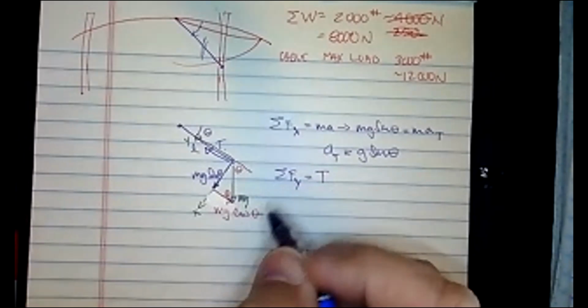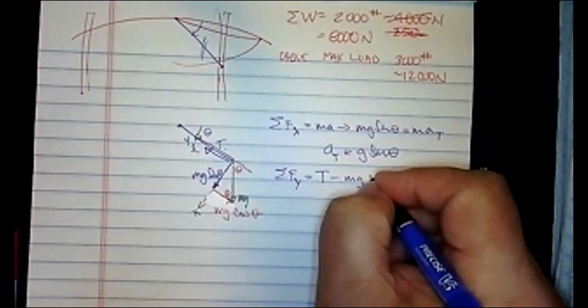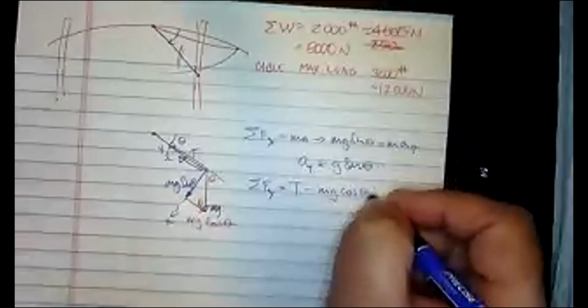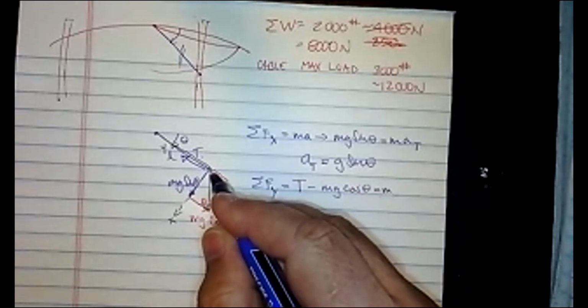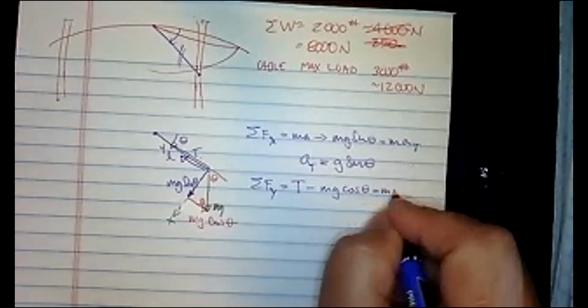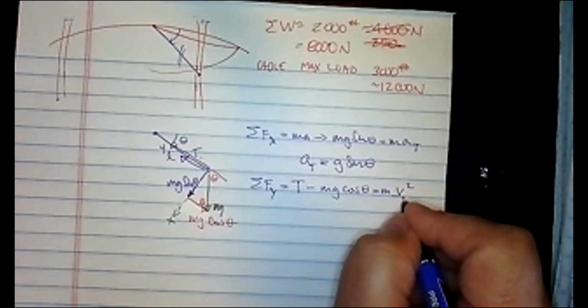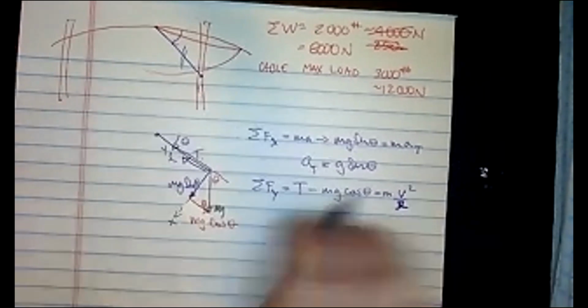But it's also going to fight the mg cosine theta. So we're going to say T minus mg cosine theta has got to equal the mass times the acceleration. And in order for it to not stretch the cable and not break the cable, that acceleration has to be equal to v squared over r, the radius, or actually over L is what I called it. So over L.